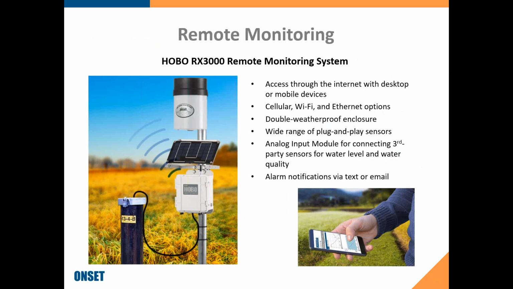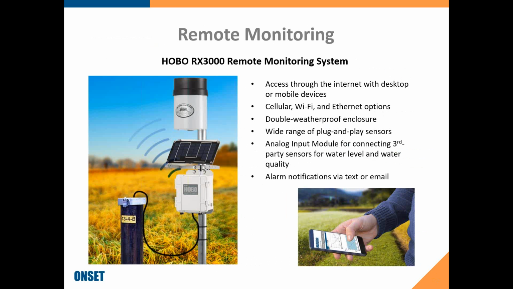We sell a range of plug-and-play sensors for this, but it also has an analog input module for connecting third-party sensors, such as water level sensors and water quality sensors. So if you have, let's say, a DO sensor or a water level sensor that has a 4 to 20 milliamp output, that can be pretty easily connected into the RX3000 remote monitoring system, and we have some documentation for doing those connections.